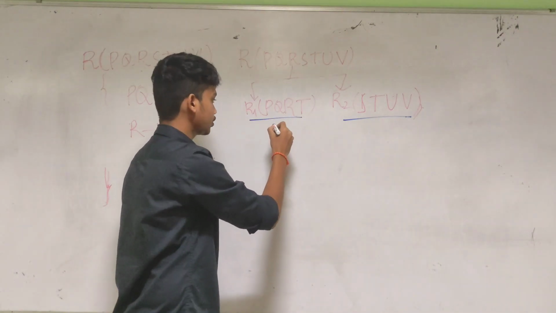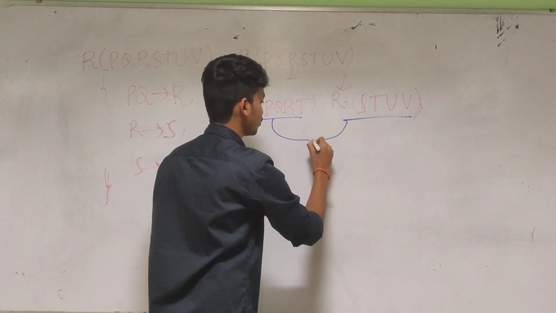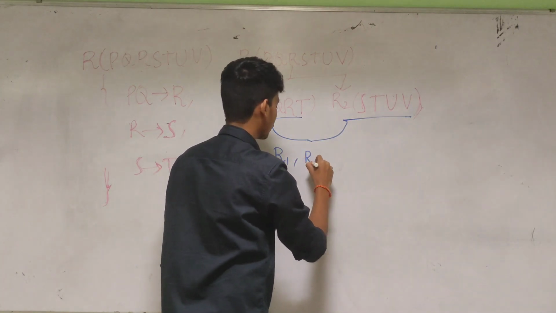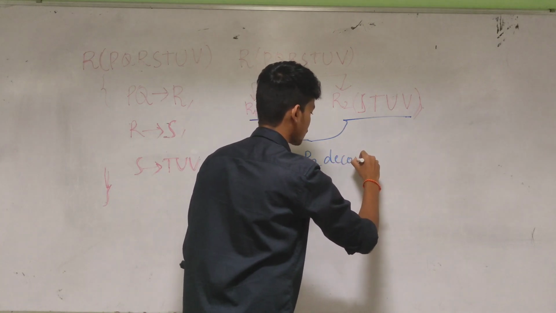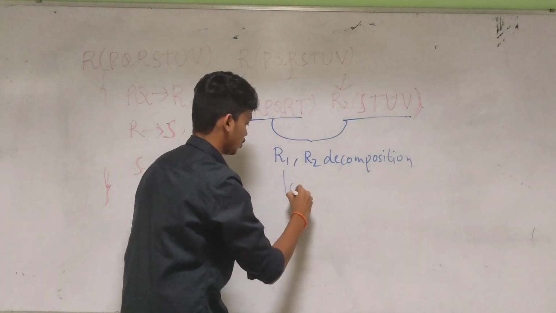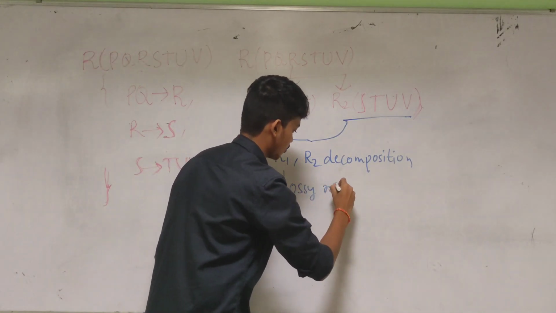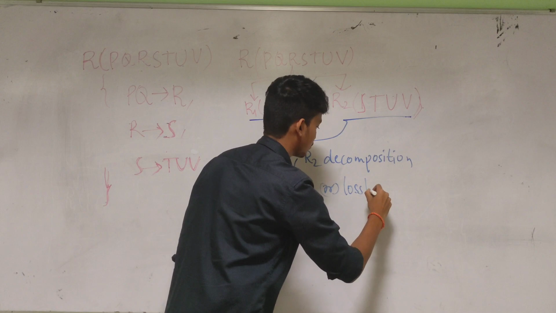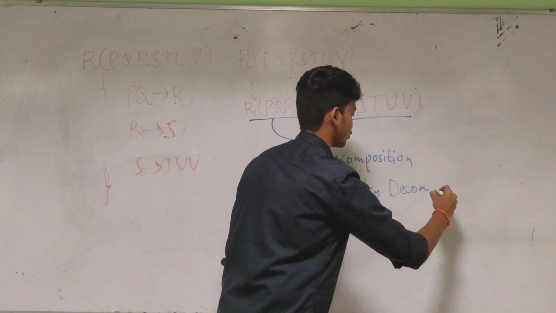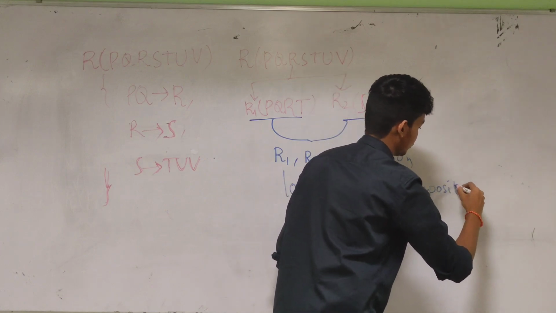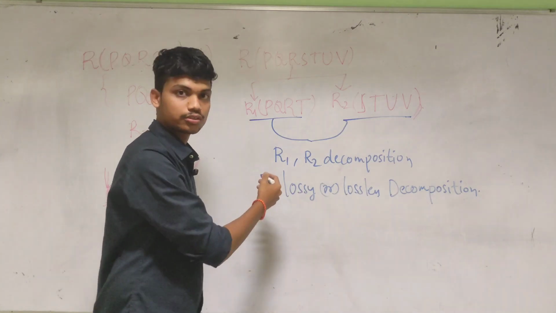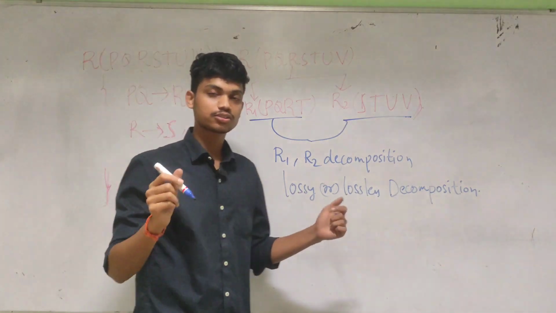My question is, if you do the joining of R1 and R2, is the decomposition lossy or lossless decomposition? So you try this question. This is a very good question, and write your answer in the comment box down below.